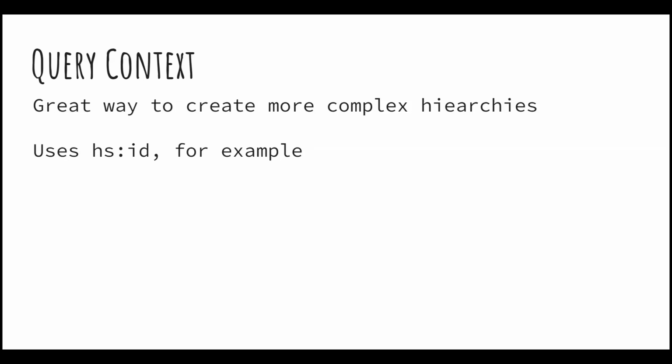So for example, if we're using HS:ID, effectively what this does is that this creates a temporary storage location for a value of a particular tag. So HS:ID belongs to every single Niagara component that is added to the system, and then we can actually store that ID number and create a definition for it, such as building ID, floor ID, equip ID, and then it'll actually sort it out later on in the hierarchy that's created.